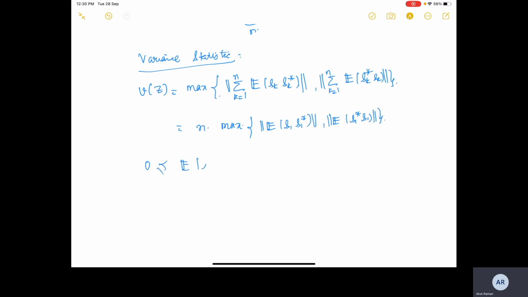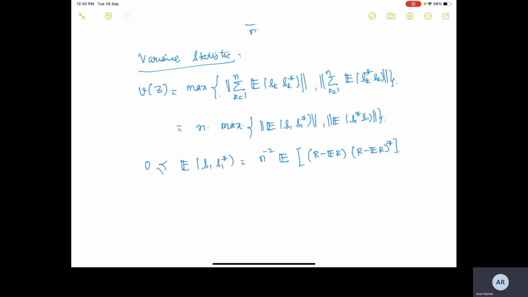So we can write S1 S1 star as n raised to the power minus 2 times the expected value of (R minus expected value of R) multiplied by (R minus expected value of R) conjugate transpose. Okay, this is just by definition of S1.